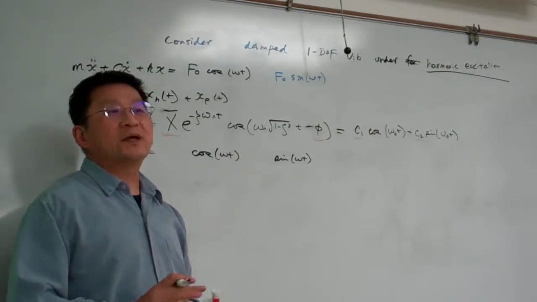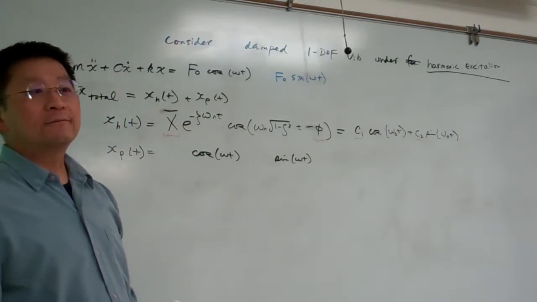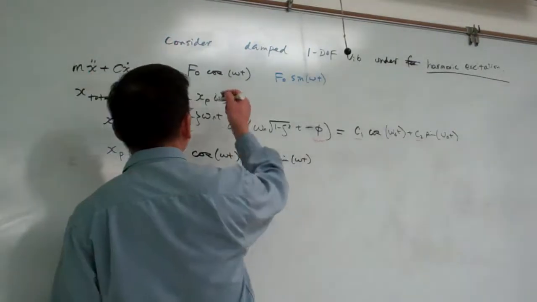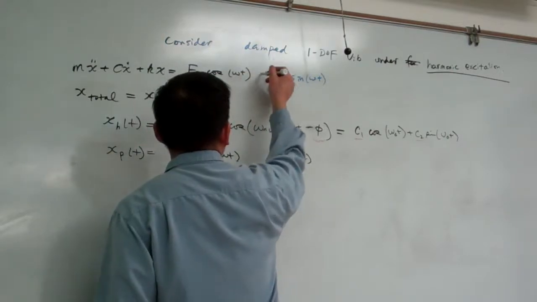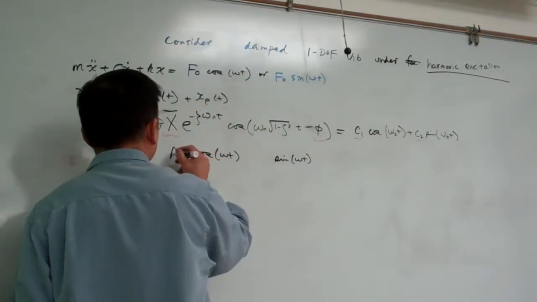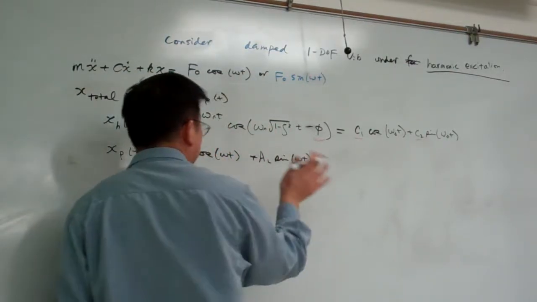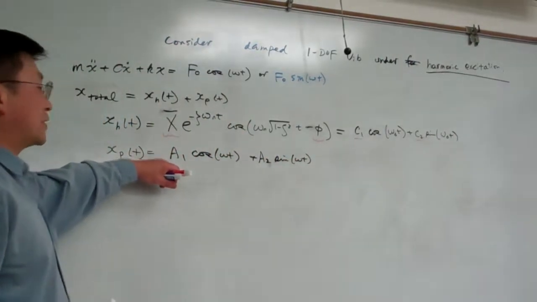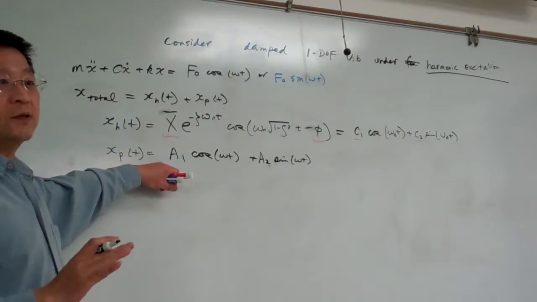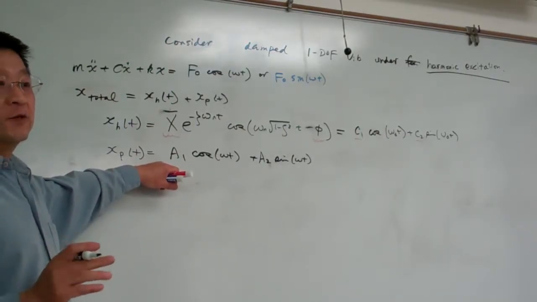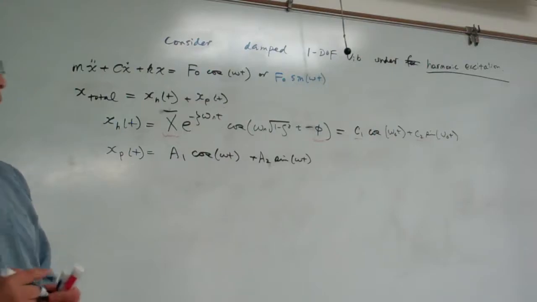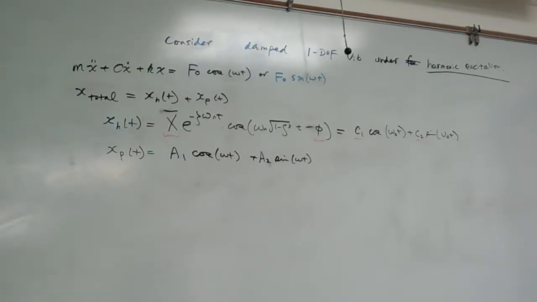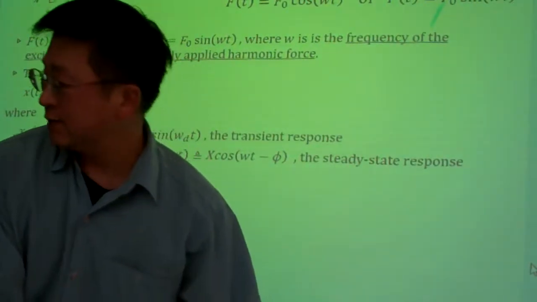We won't miss anything. So it doesn't matter which form, we simply assume A1 cosine plus A2 sine. That will make things complete, and we won't miss any important dynamic information. Okay, good. So right now we have this, and then we can proceed.